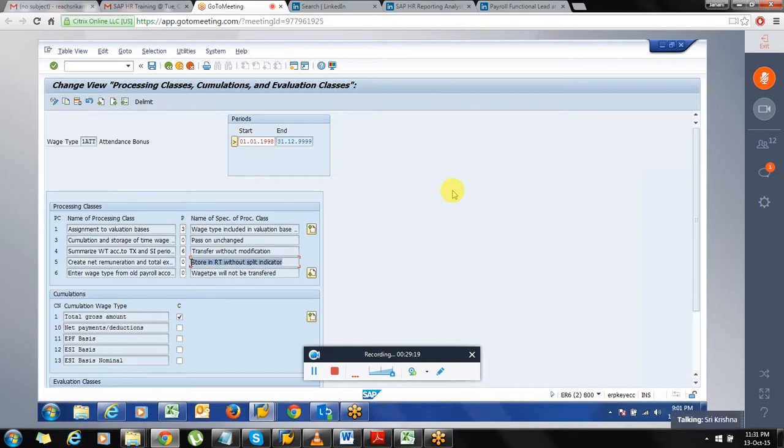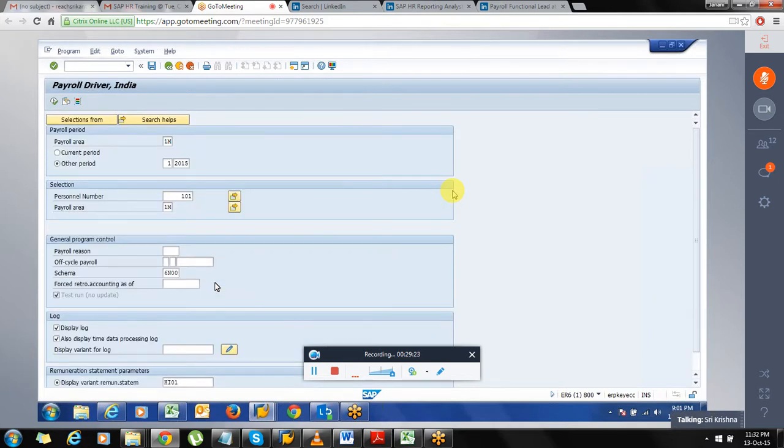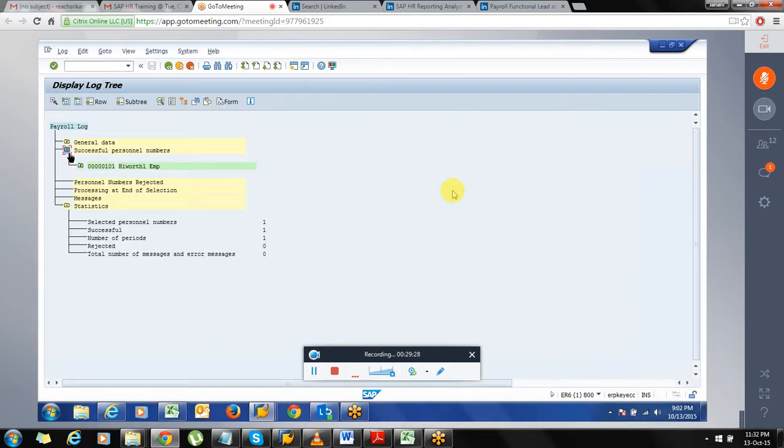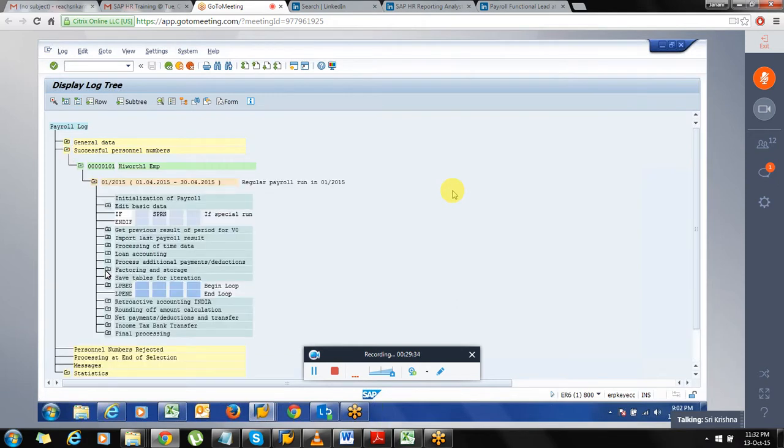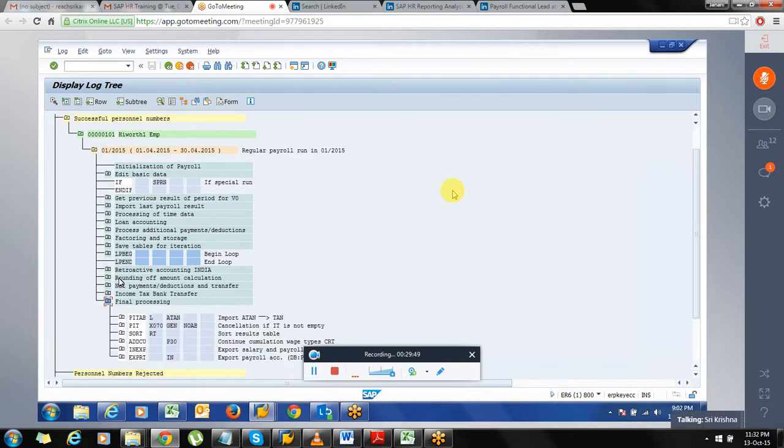If you see here, processing class 20 will be within the factoring schema. See, here is the processing class 20. Basing on this, this PCR will move to RT table or IT table. So somewhere processing class 5 will be there.